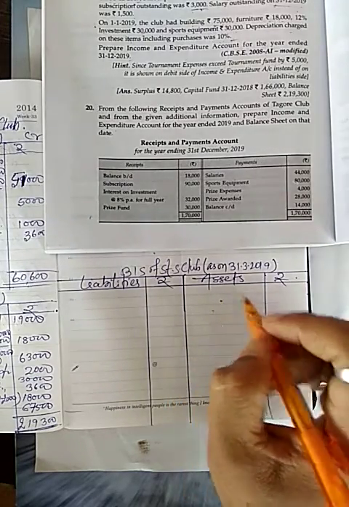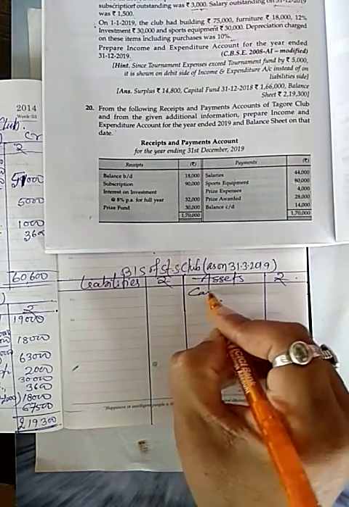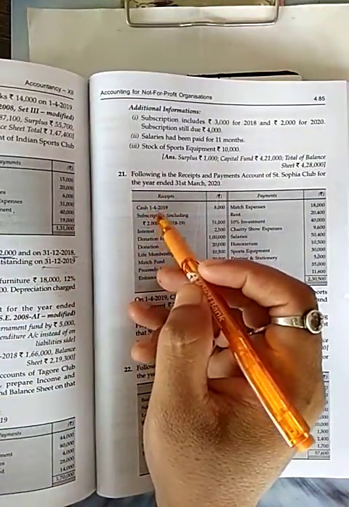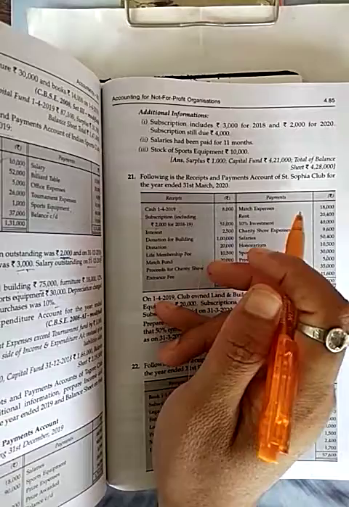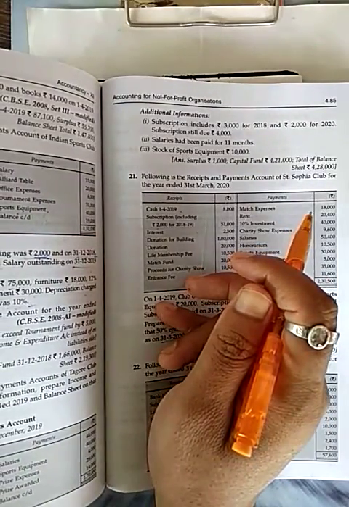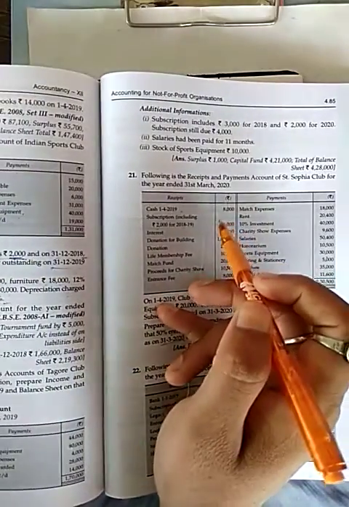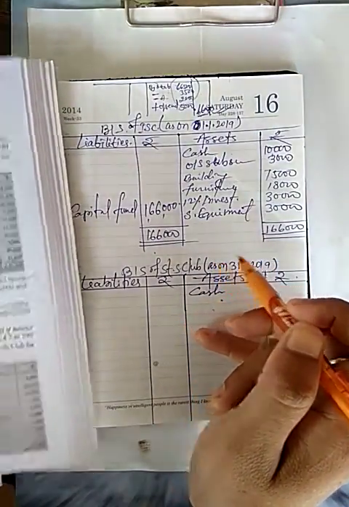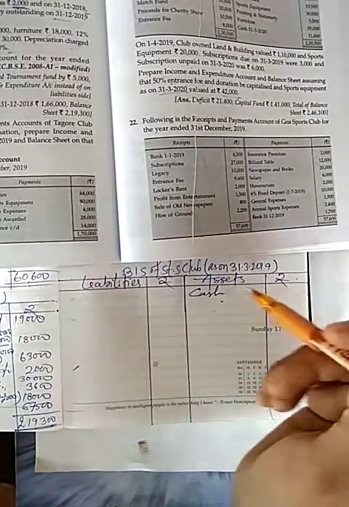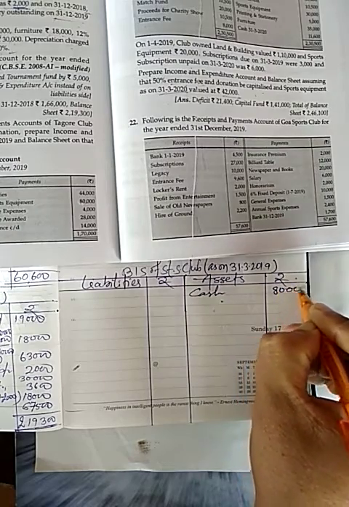This is given on the receipt side of the receipt and payment account, cash. This is given in your question, 1st April 2019, amount is given 8,000. So I will write cash, 8,000.